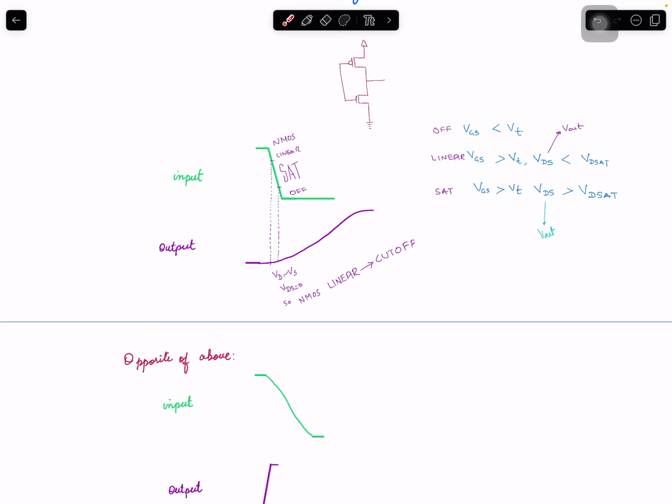Let's look into that. What happens now? Initially NMOS was in linear. Great, you agree. Typically at around this point, NMOS will get into saturation because output has quickly already changed. So output normally goes like this.